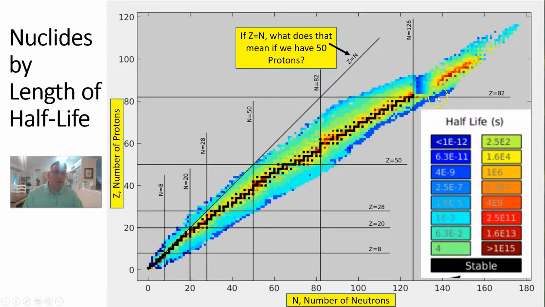All the way out here on this horizontal line, we see all of these half-lives that are very short, all these isotopes that are very short. Yet when we get in close to the black line of stability, we're going to be very stable. Still radioactive, but very, very close to stable.